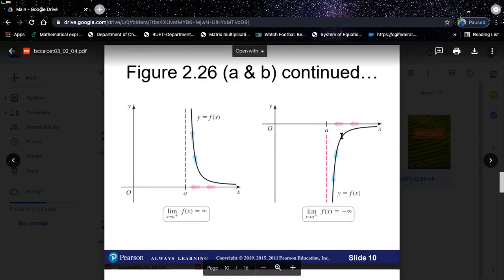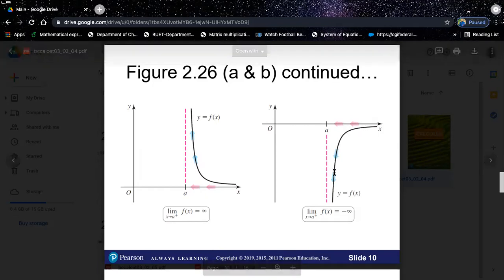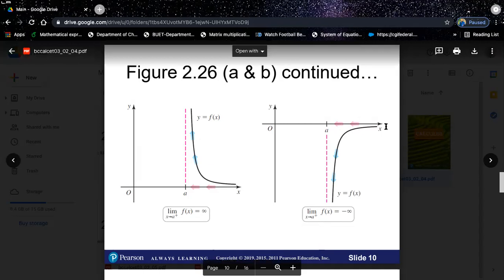The same goes for this one. On this occasion, the function is going towards negative infinity. That still meets our requirement, so this line x equals a is the vertical asymptote of this particular function.